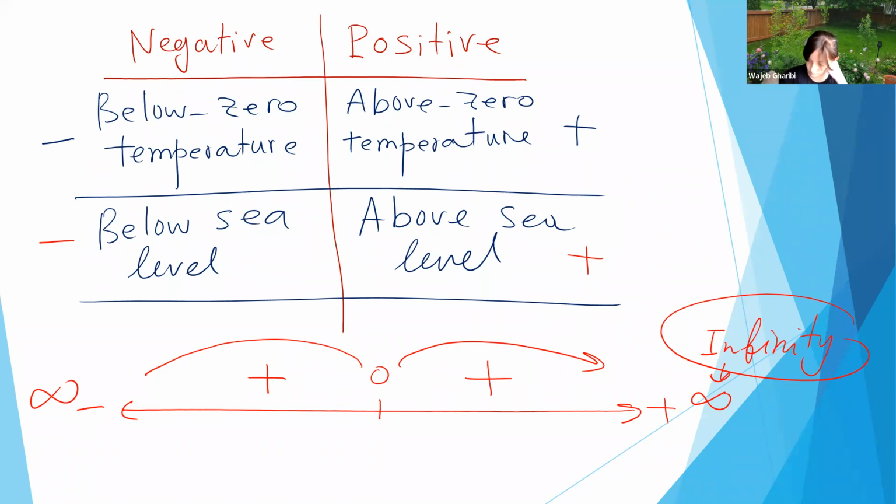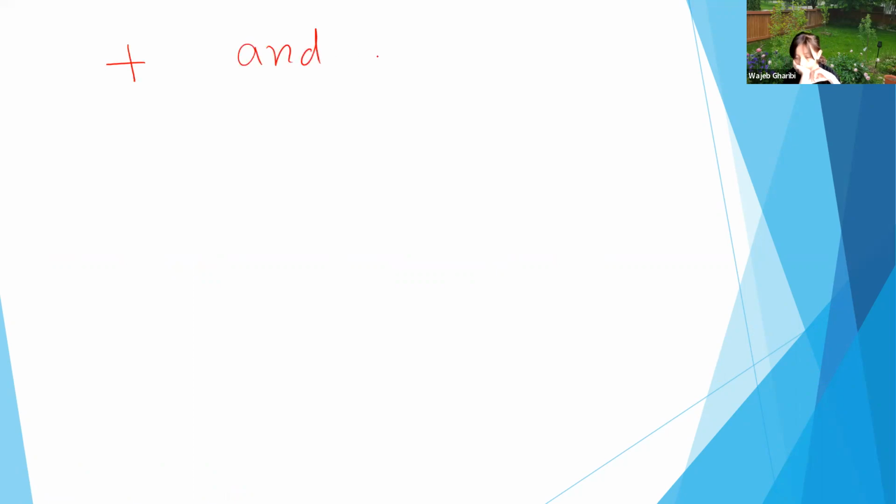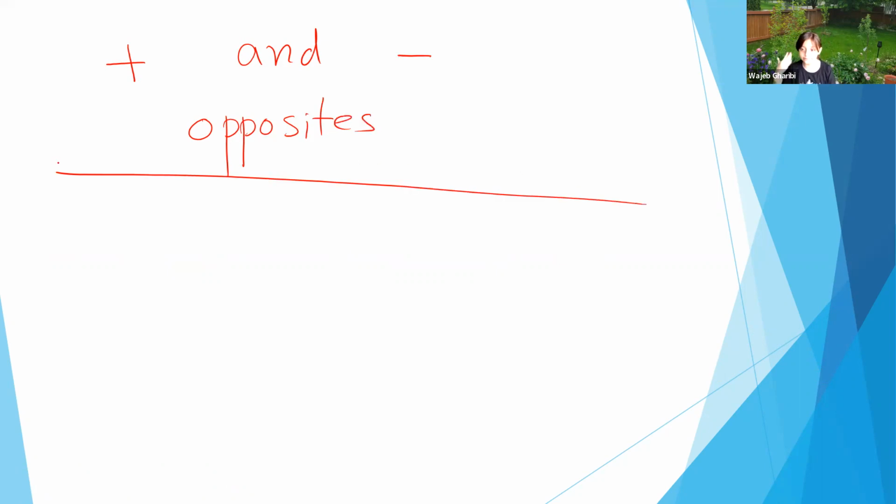Then, as I say, we call this positive and this negative signs. What do we call these positive and negative signs? We call them opposites. So positive and negative signs are opposite each other.